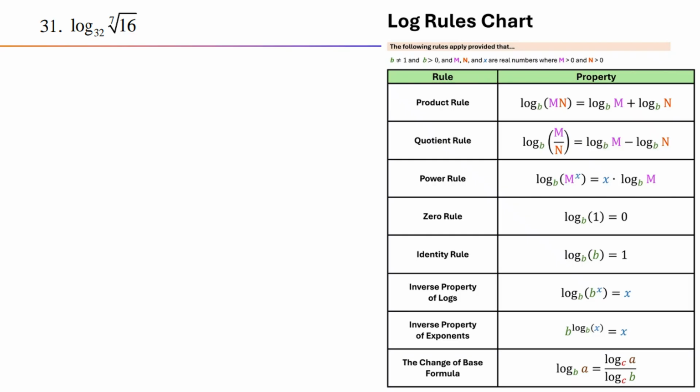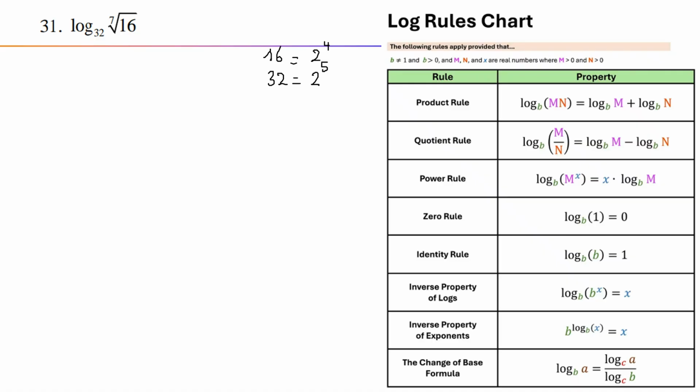Log base 32 of the 7th root of 16. As we see 32 and 16, we know that we will use base 2 in common. So 32 is 2 to the power of 5, and 16 is half of it, so 2 to the power of 4.